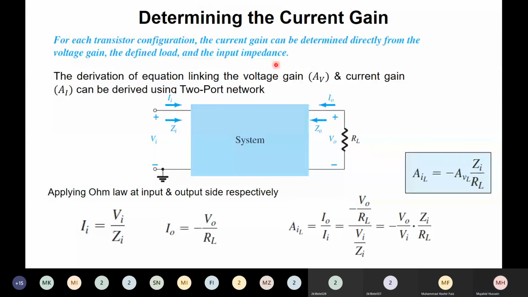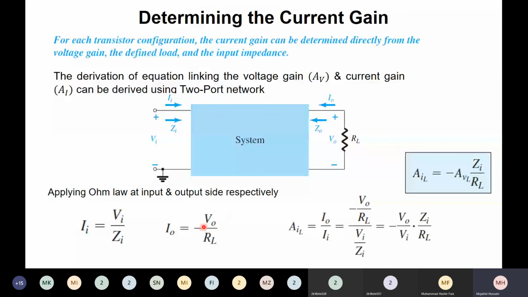So we have this simple network that has an input side where there are three quantities: input voltage, input current, and its input impedance. So we can apply Ohm's law at the input side, that the input current will be equal to input voltage divided by the input impedance. Similarly, the output current will be equal to output voltage over output load resistance.